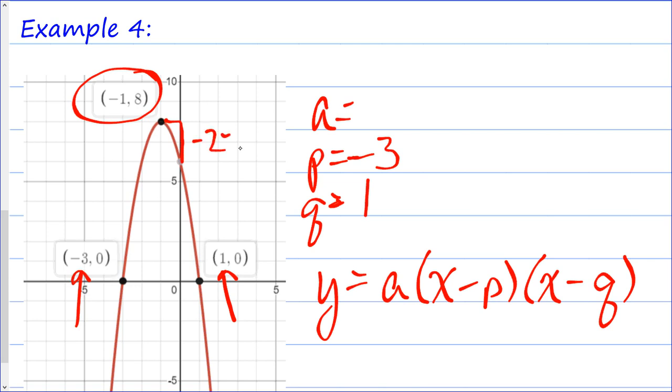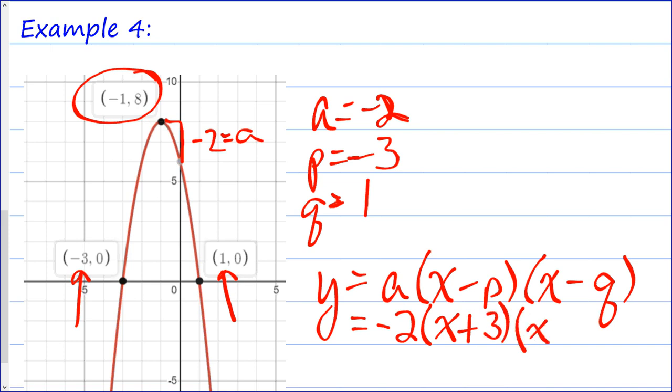I went down 2. So my A is negative 2. So my equation here, I know my A has to be negative because it's opening down. And then I'm going to go X minus a negative 3, so plus 3, X minus 1. And that is it in factored form, or we also can call it intercept form.